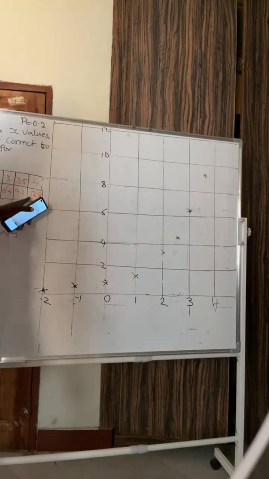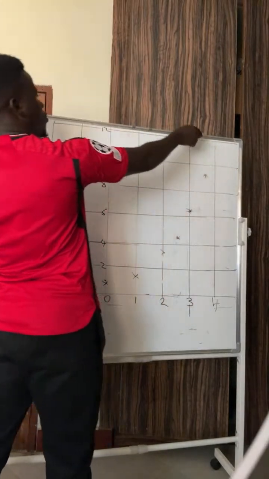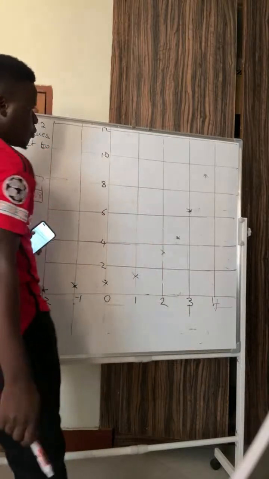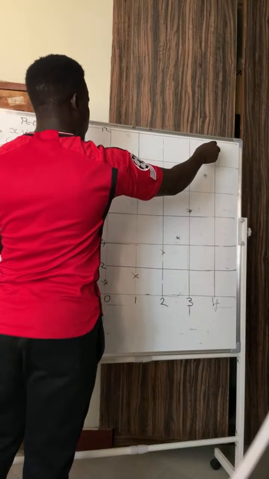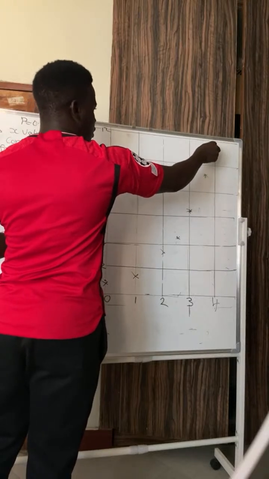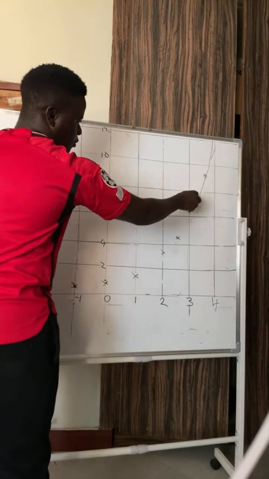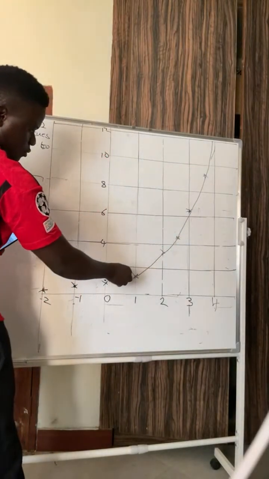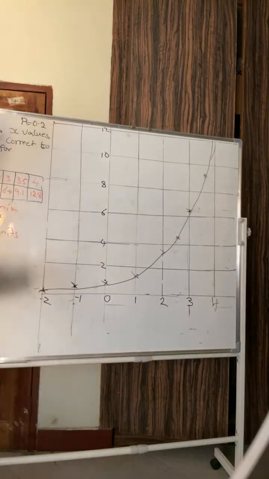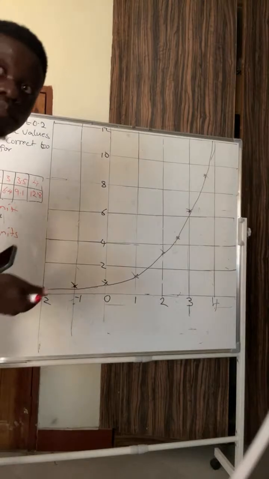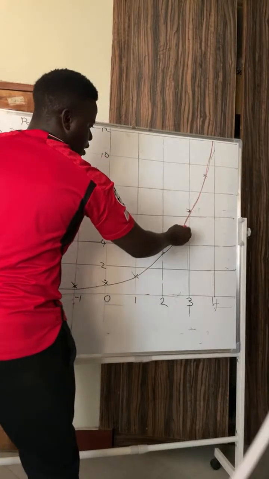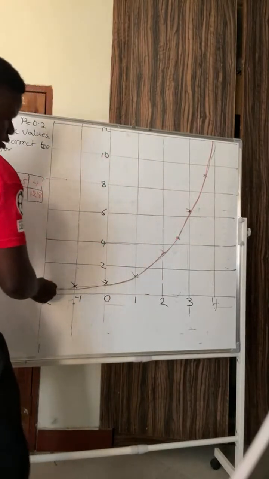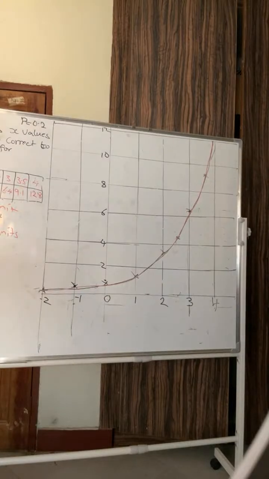Then 4, 12.8, and the graph goes up like that.